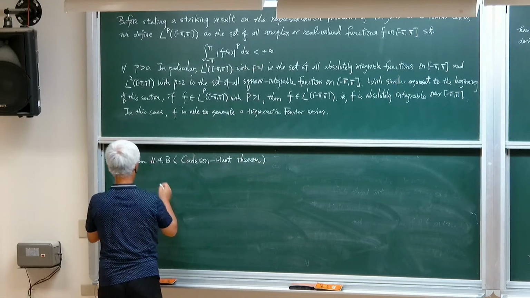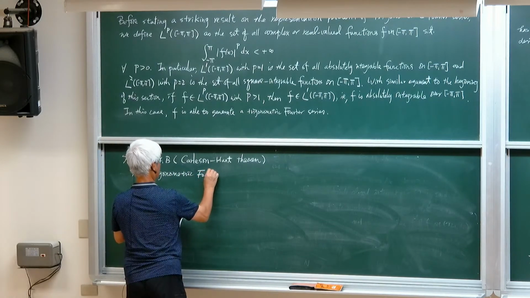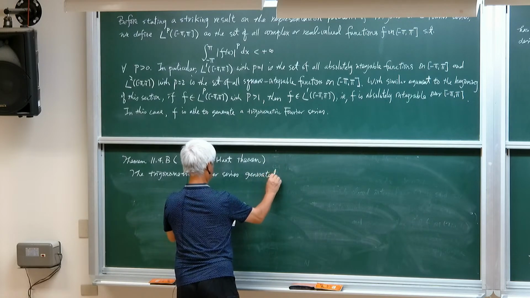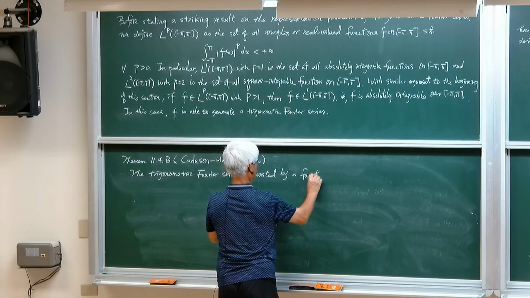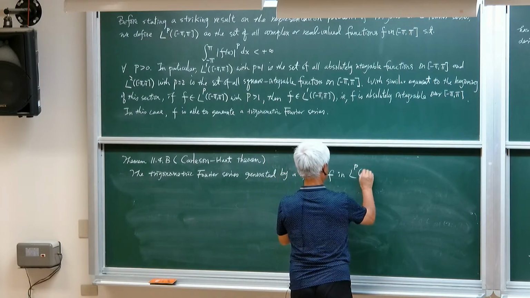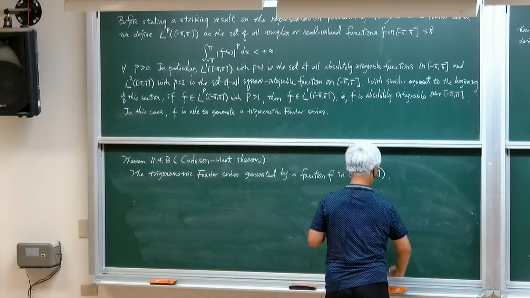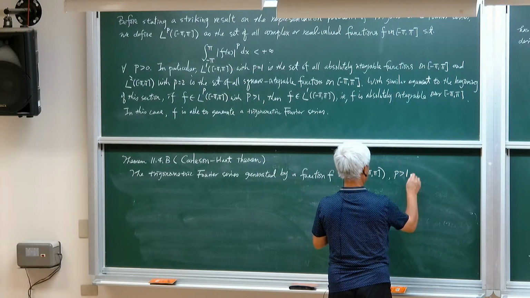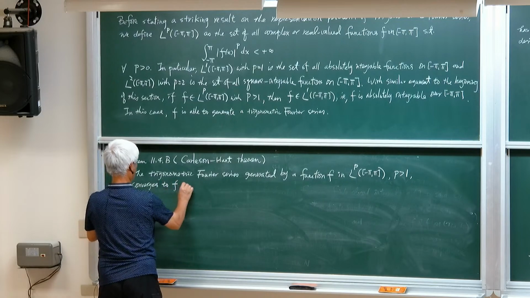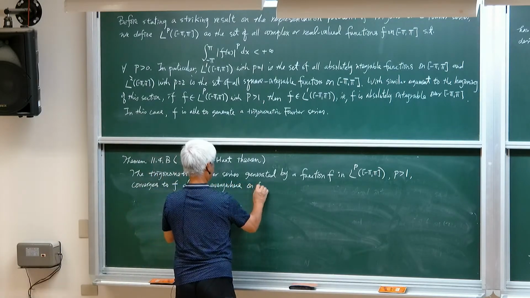The trigonometric Fourier series generated by a function f in LP minus pi to pi, p greater than 1, converges to f almost everywhere on minus pi to pi.